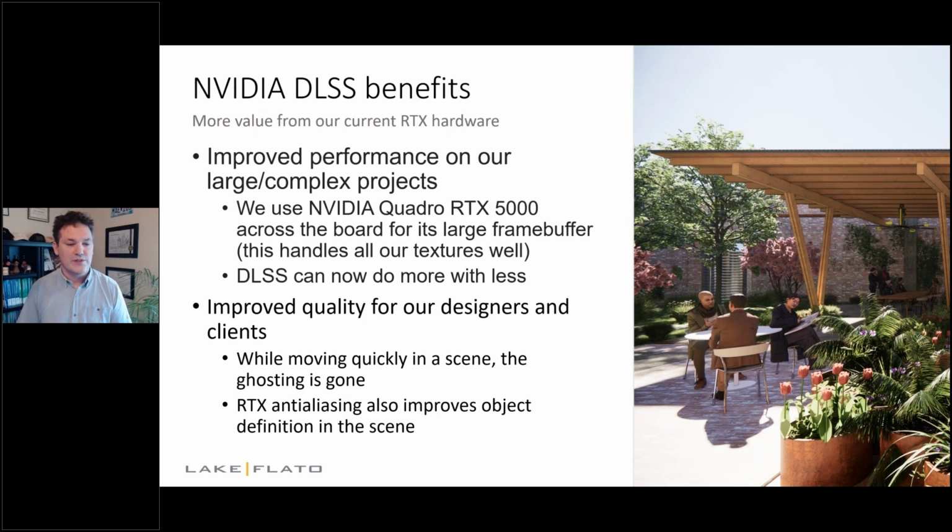So we're seeing improved quality there for sure. And then this, again, benefits our clients, where we can show really crisp, accurate representations of our projects without the distraction of ghosting and jagged edges.